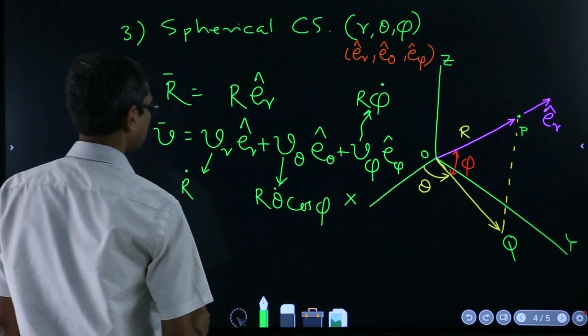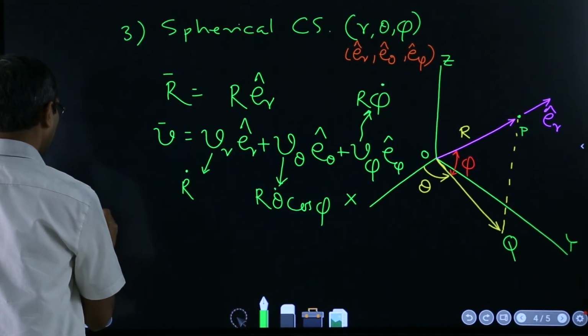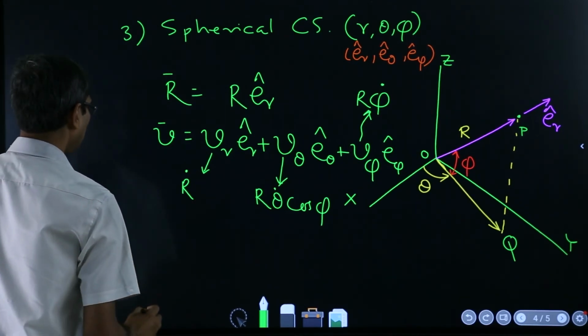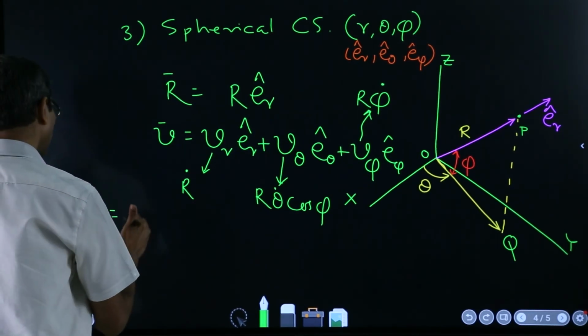Okay. So this is how you will get the velocity.